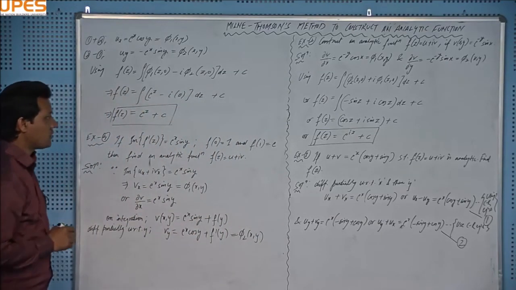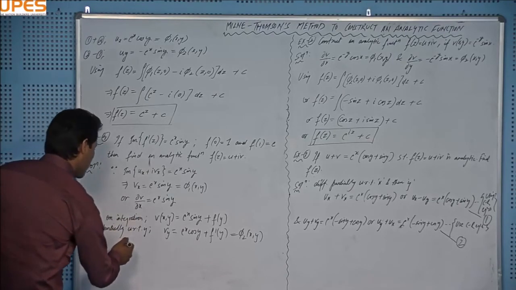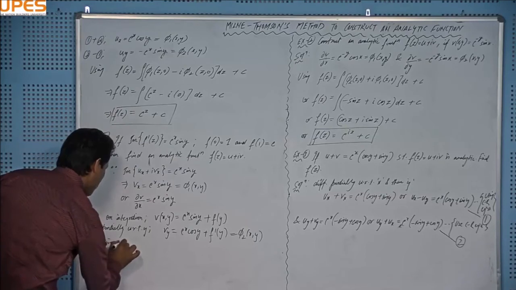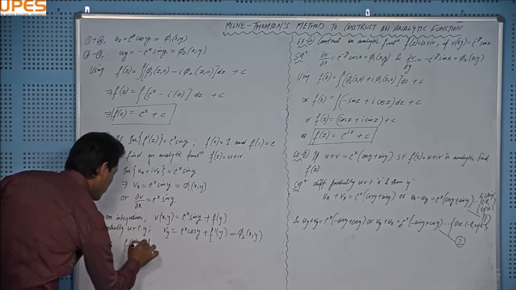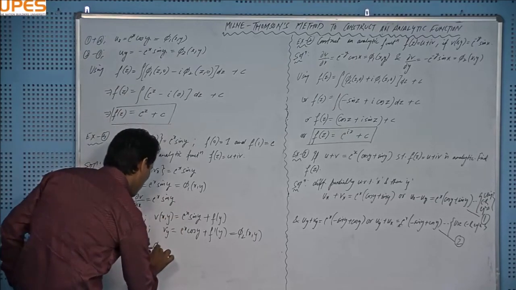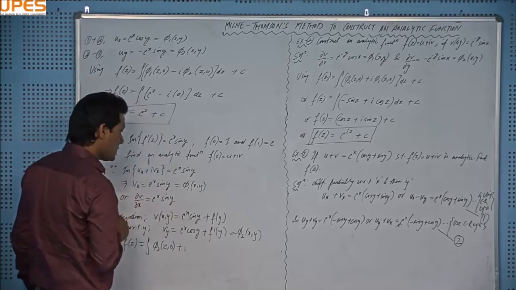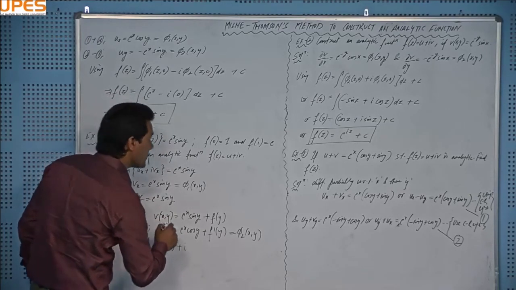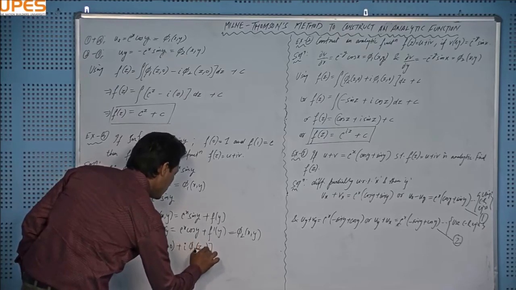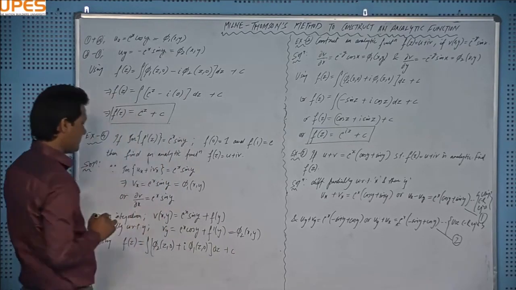Now I will apply that formula for case number b, that is f(z) equal to the integral of del u by del x, del v by del y, that is phi 2 (z, 0), plus eta times phi 1 (z, 0) dz plus c.